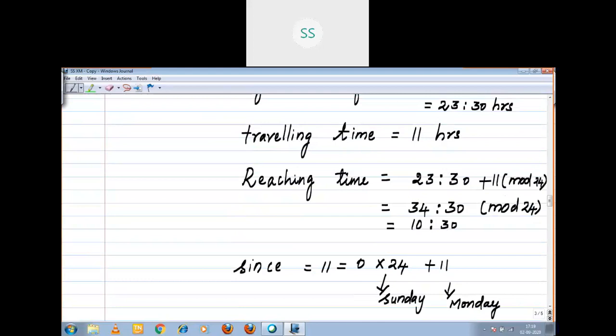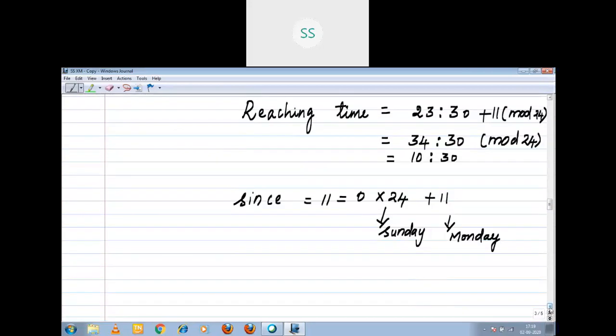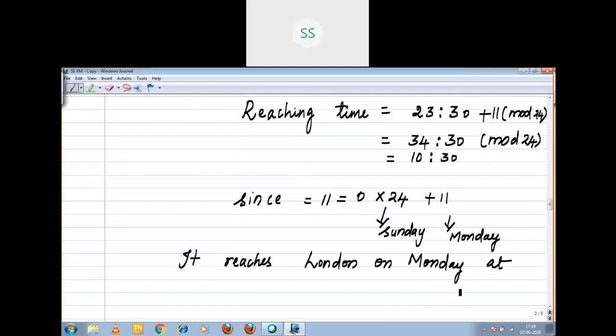Now, it reaches London on Monday at 10:30 a.m. Got it? 11 can be written as 0 into 24 hours, that is Sunday it is given, plus 11. That means it will move to the next day.